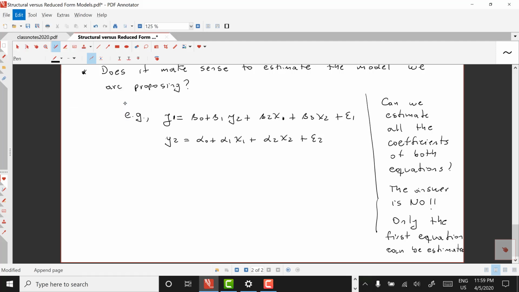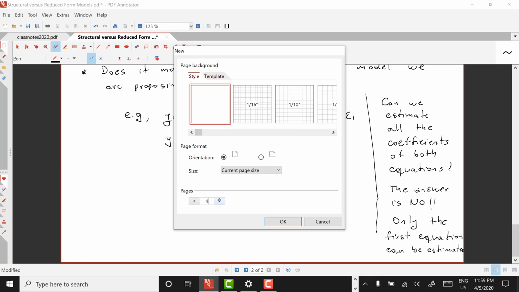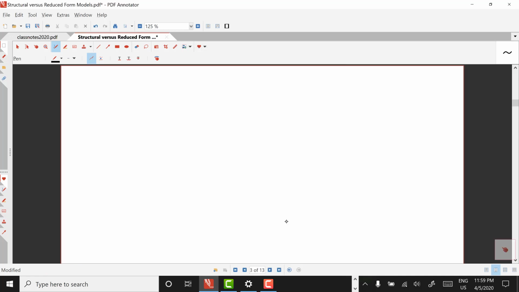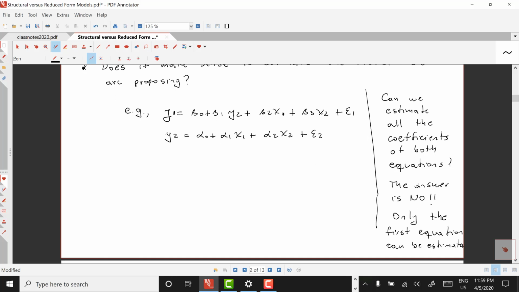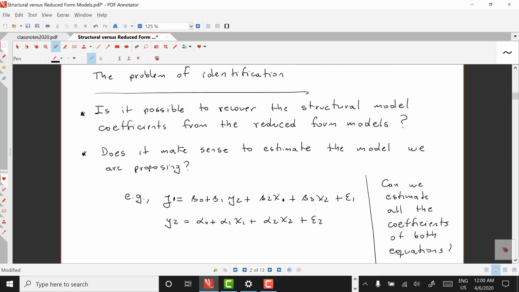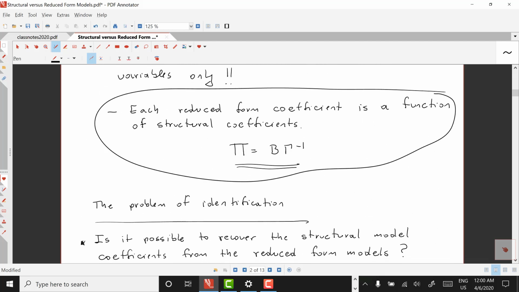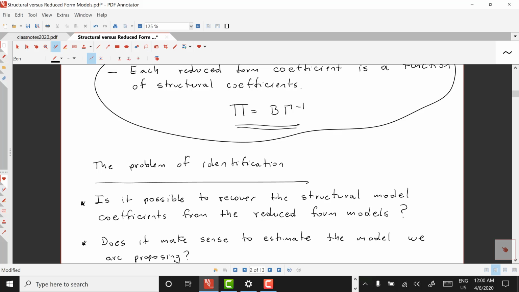Well, the issue is that for this model that I just wrote, we could write the structural equation in matrix form, and then try to see the reduced form model and see if we can go back from the reduced form model to the structural model, and the answer would be no. If we were to do all that mathematical analysis, the answer is going to be no. We will not be able to recover the beta and the sigma coefficients from those pi coefficients.